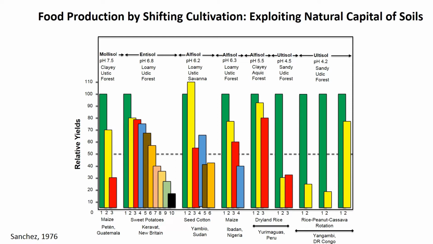A loamy alfisol in Sudan, several crops before you have to abandon it to fallow. Over here you see acid infertile ultisols in Congo and the Amazon.